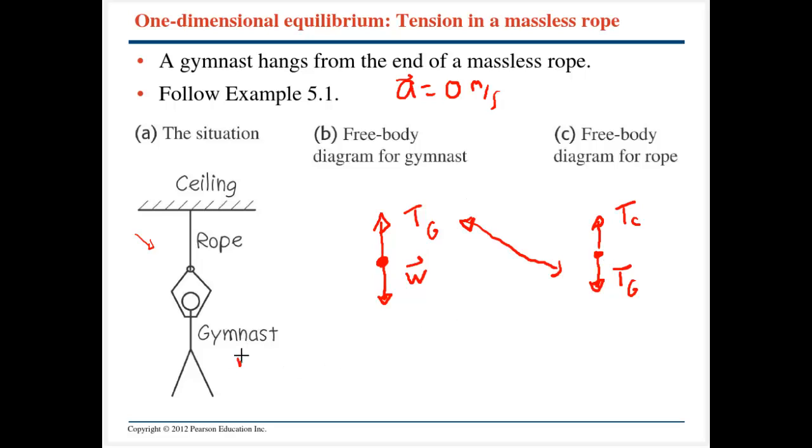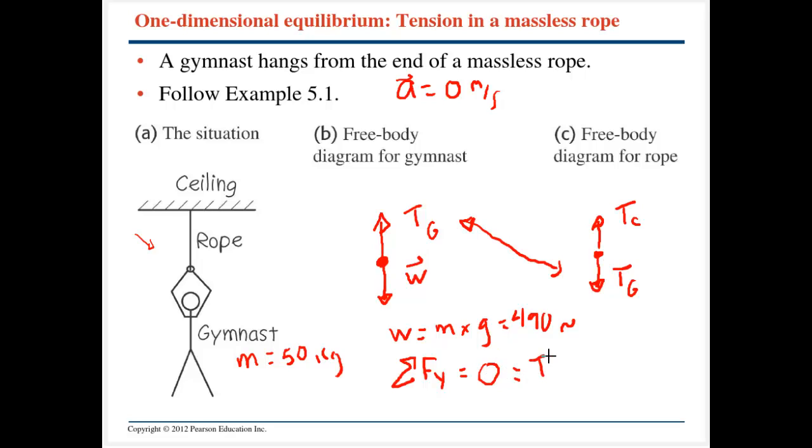And if we knew that the mass of the gymnast, as in the book, was equal to 50 kilograms, then we could say that the weight is equal to mass times gravity is equal to 490 newtons, where I've gone ahead and I've used gravity to be 9.8 meters per second squared. And we do the sum of forces in the y direction is equal to 0, because it's not accelerating.